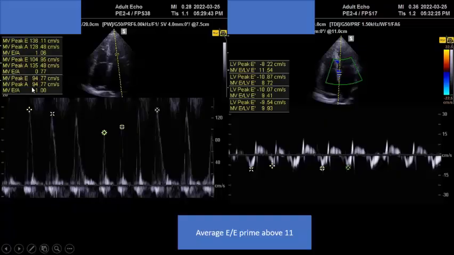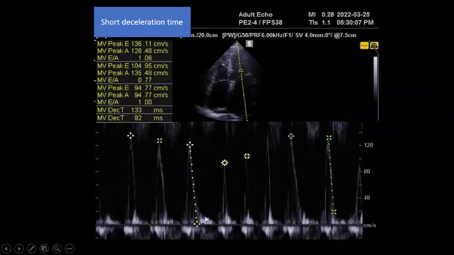In our patient, I measured the deceleration time several times. The average E over E prime was 12, above 11, which goes with diastolic dysfunction and increased left atrial pressure.